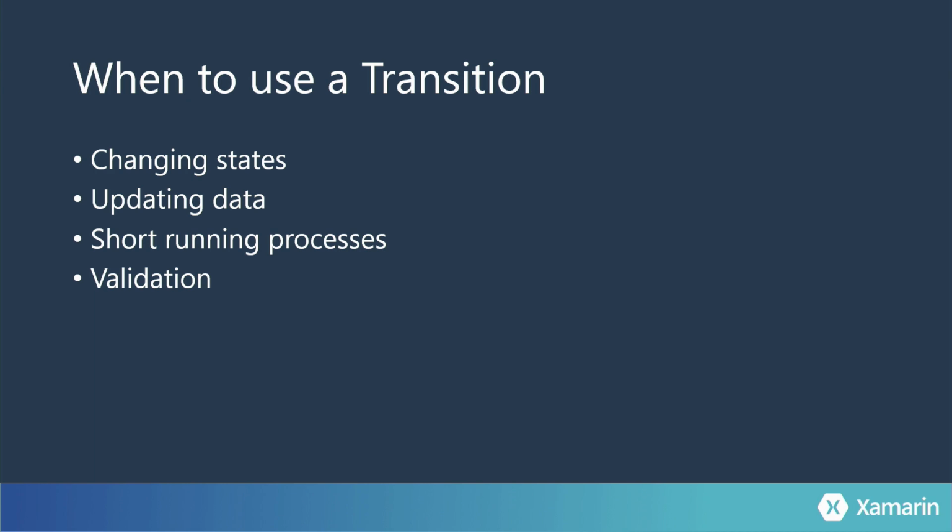That's a great place to put some indication to the user of what's happening or instructions about what they need to do to populate that content. Short running processes are really good to use for transitions. If you have a long running process, you might want to think closely about how you're handling that. And then validation, any kind of form validation, is a great time to practice your animation transition skills.